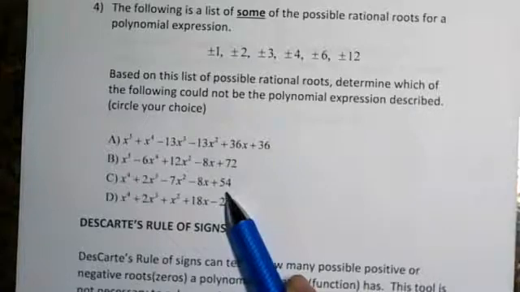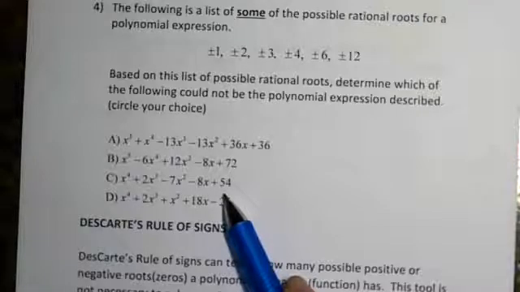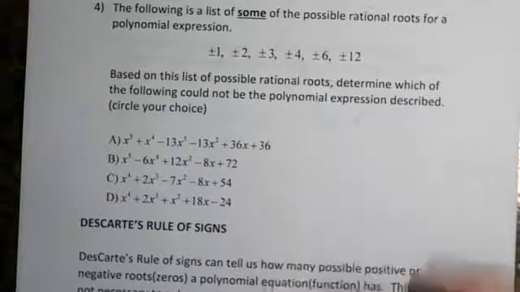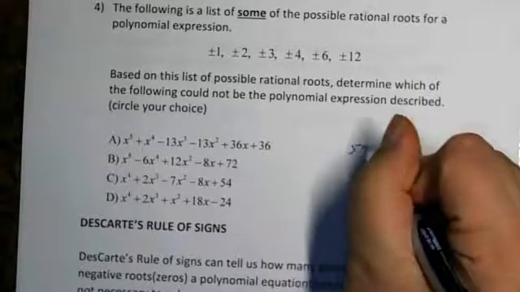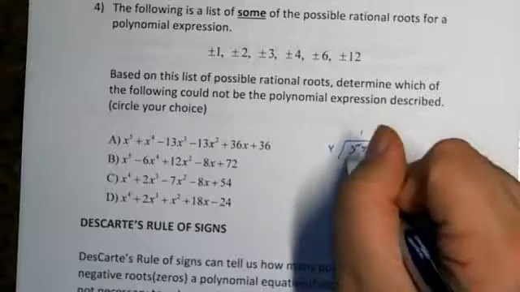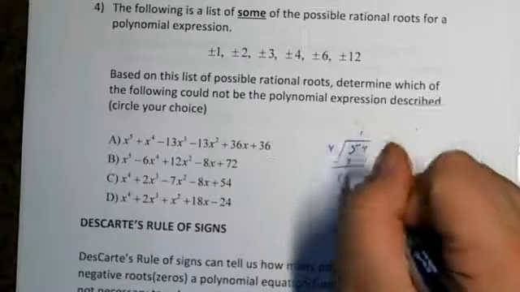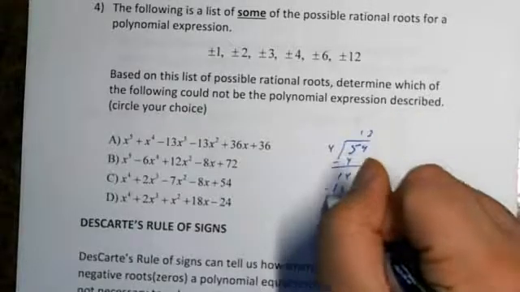54. 2 goes into 54, 3 goes into 54, yes it does. 4 does not go into 54. 54 divided by 4 is 13, and I have a remainder.